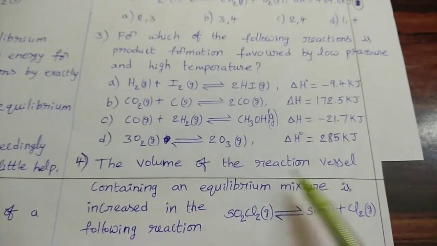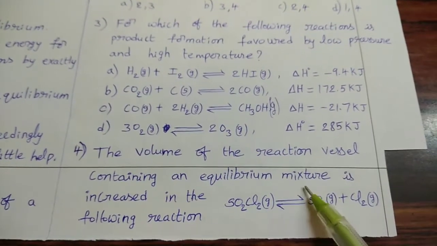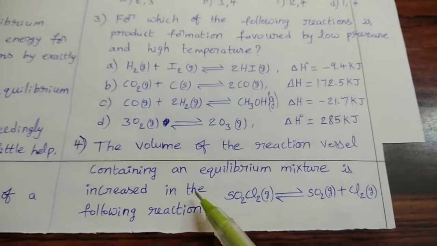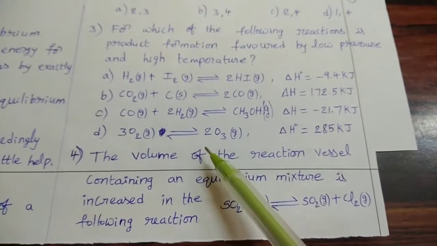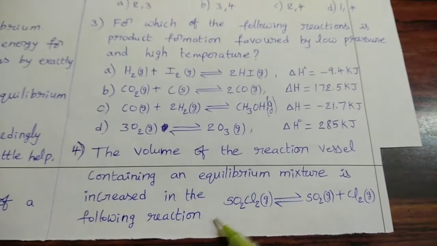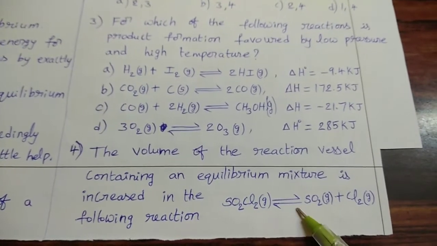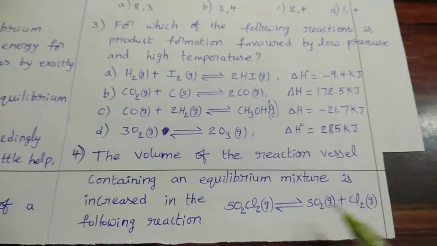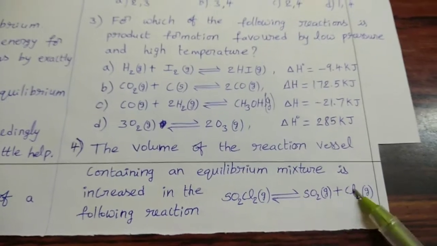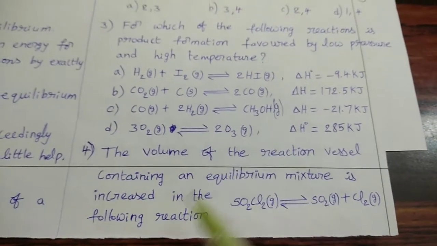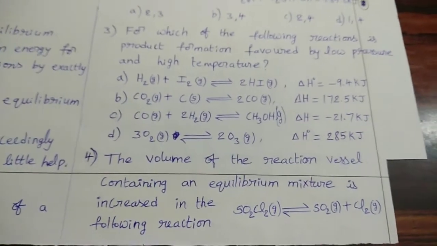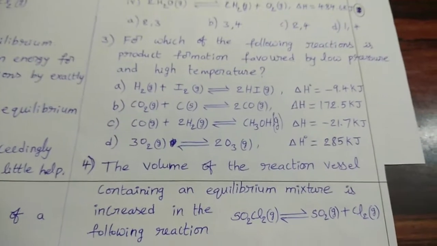Next, the volume of the reaction vessel containing an equilibrium mixture is increased, for the reaction SO2Cl2 gives SO2 plus Cl2. Product 2 moles, reactant 1 mole. Volume is increased. Then what happens? Pressure decreases.